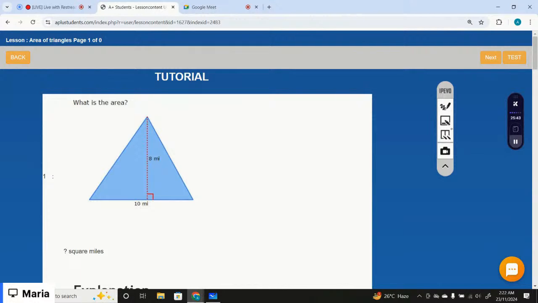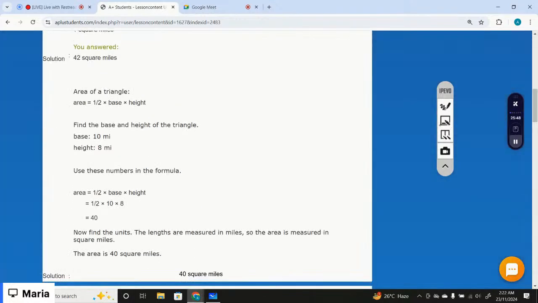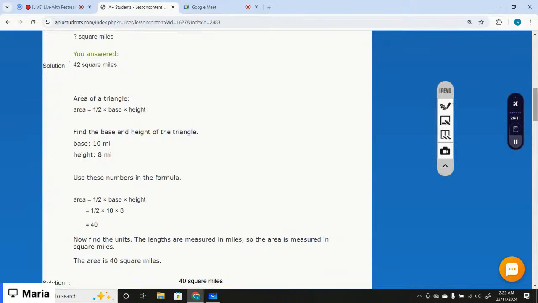So area of the triangle is half times base times height, right? That is 1 by 2 times 10 times 8, that is 40 square meters. Let's just start with the next lesson.